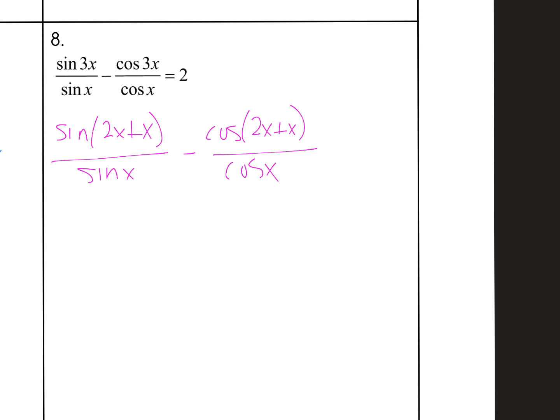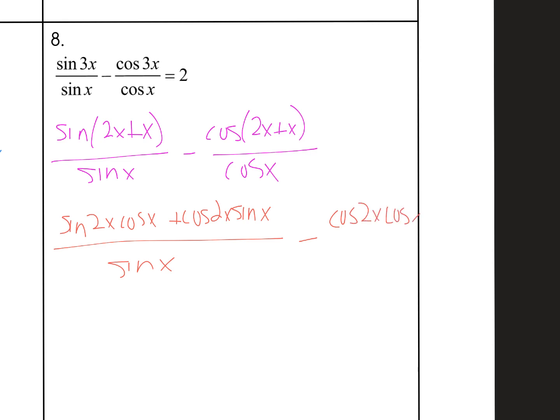So the sine, we're going to have sine 2x cosine x plus cosine 2x sine x over sine x, and then minus the cosine sum, cosine 2x cosine x minus sine 2x sine x over cosine x.